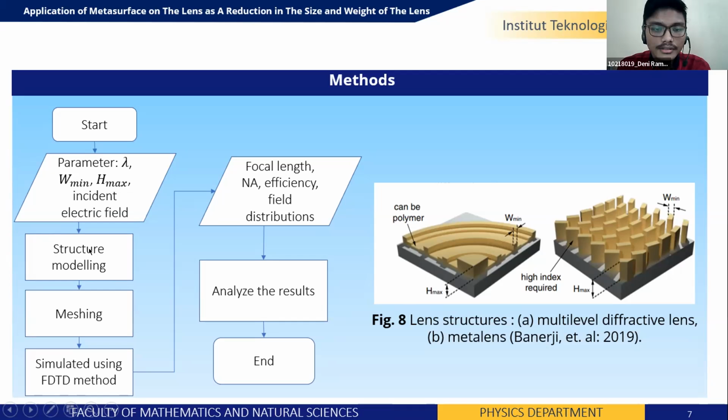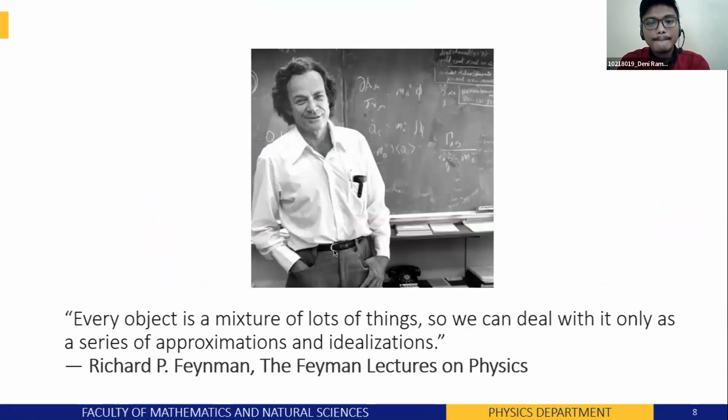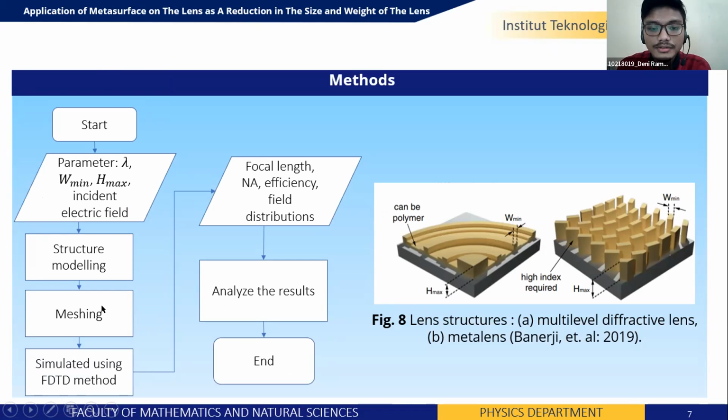And then we make the structure modeling as shown in figure 8 and mesh it to discretize the structure. And we will simulate it using the FDTD method. FDTD is the finite difference time domain method to determine the focal length, numerical aperture, efficiency, and field distribution. And from the result, we can analyze to obtain the conclusion.